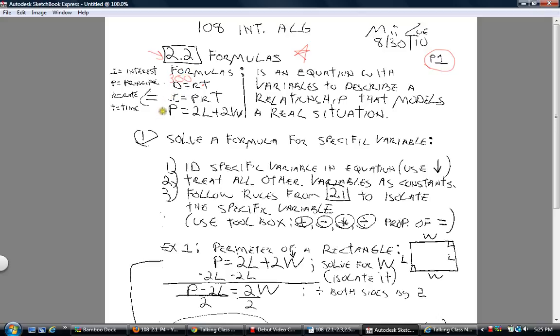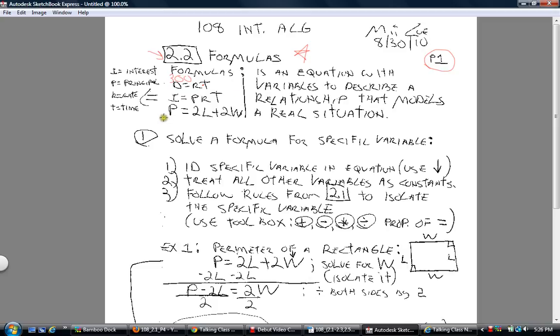We use these formulas a lot, and the key thing to remember is that a formula is an equation with variables that describes a relationship of a real situation, of the connection between the actions of multiplying, adding, subtracting, or dividing.